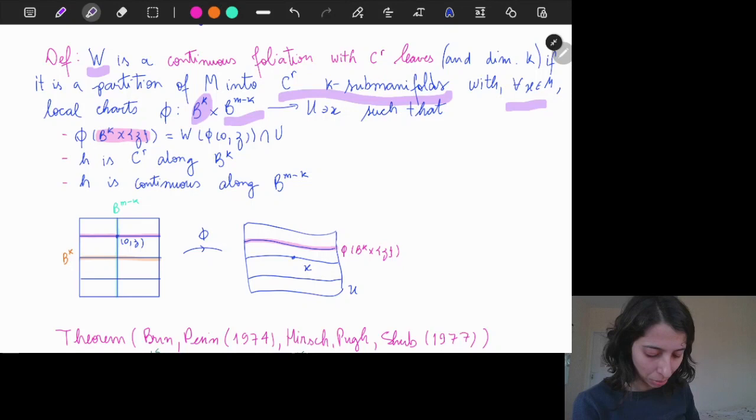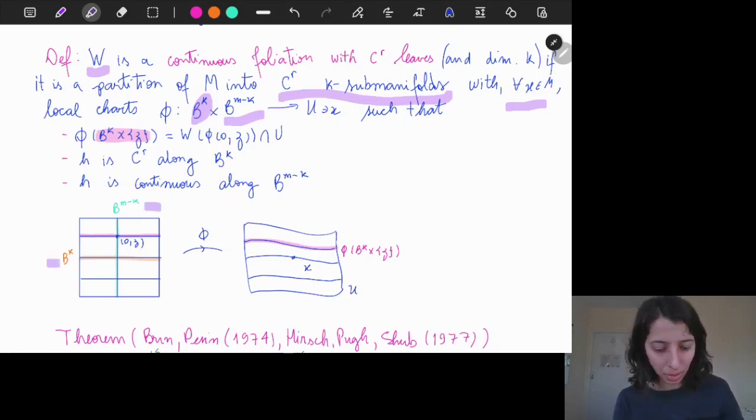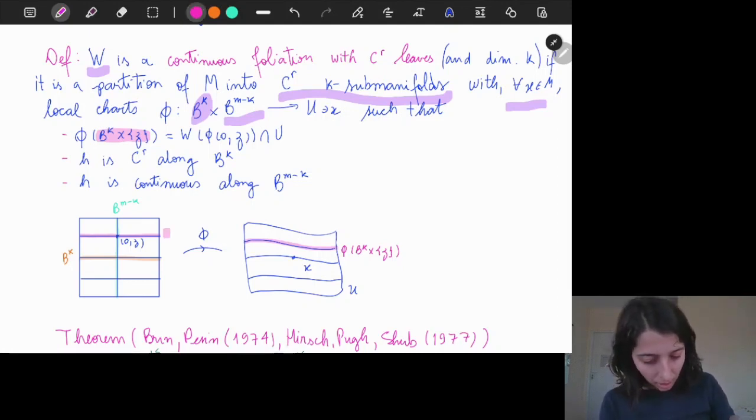So here in the picture we have a ball of dimension k and another ball of complementary dimension to the open set U that contains x, in such a way that this chart takes this pink line here to the pink leaf. This is the leaf.